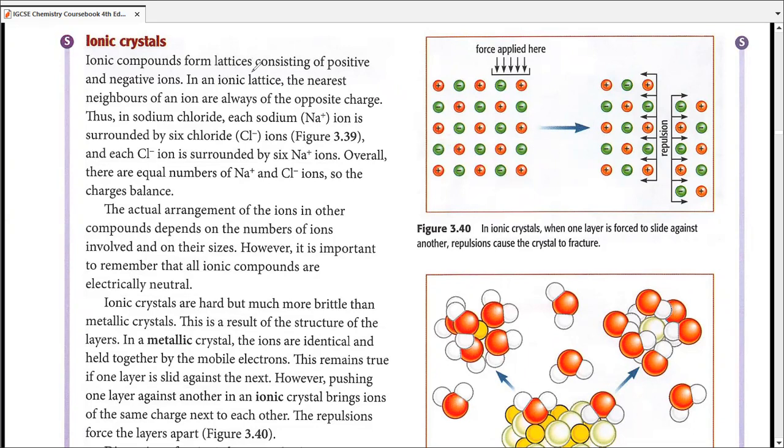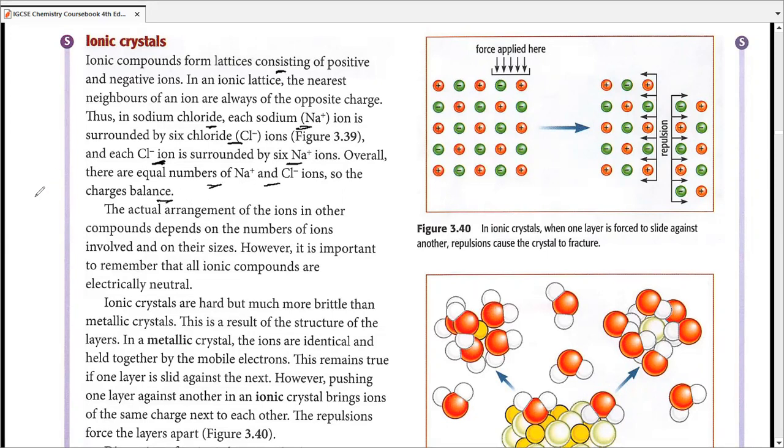In case of ionic crystals, the lattices are positive and negative ions, and they are usually present in alternate arrangement, so much so that the positive faces negative and the negative faces the positive. To further explain it, in sodium chloride, each sodium ion is surrounded by six chloride ions, and in turn, each chloride ion is surrounded by six sodium ions. There are actually equal numbers of sodium and chloride ions, and the charges balance one another.